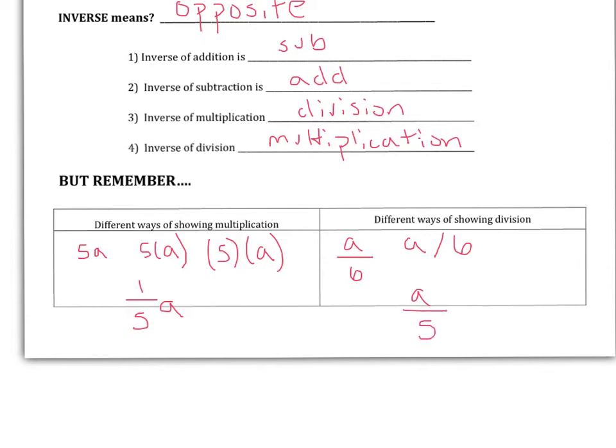Now these, you're looking, you're like, oh, but Miss Declan, I could pull a fraction out of a, right? I could put a 1 in front of a, and I could pull the 1/5 out. So these two, 1/5 a and a divided by 5, those are very similar. And we'll talk about how you can use either of these to solve a problem. This, you have 1/5 being multiplied by a. Here you have a being divided by 5.